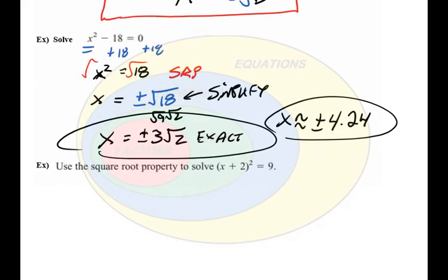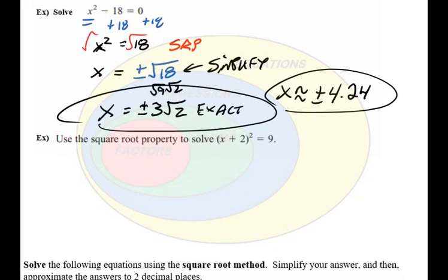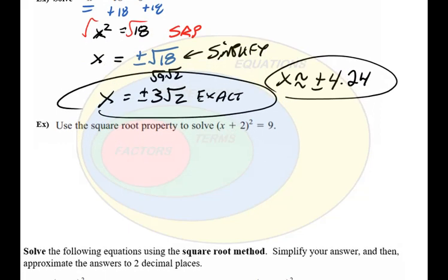Use the square root property to solve x plus 2 the quantity squared equals 9. So again, we have to recognize that the left side is actually a perfect square. So this is a perfect square factor, the parentheses squared.